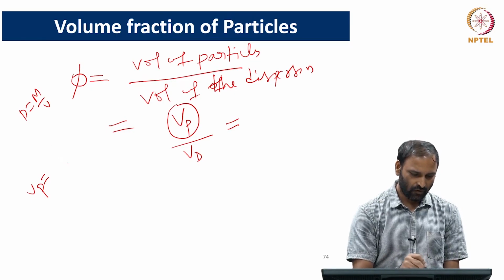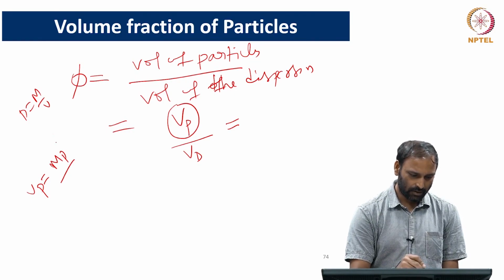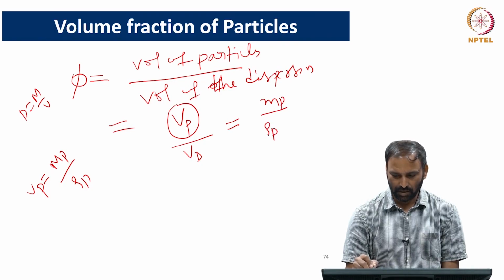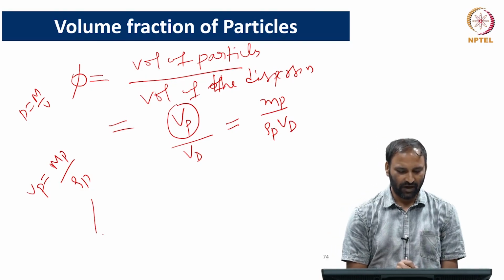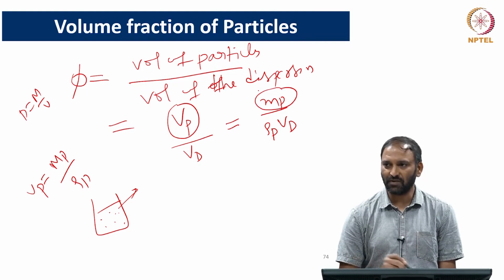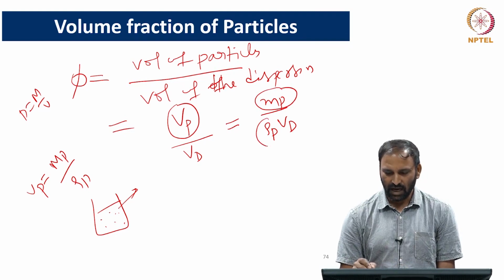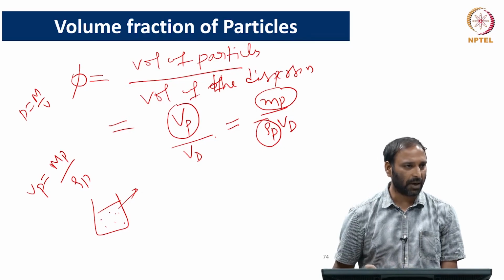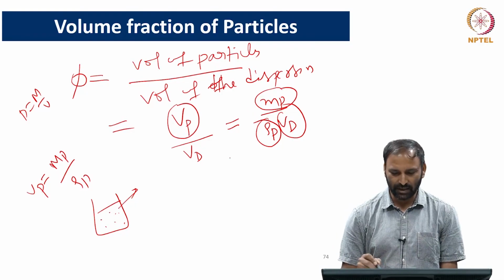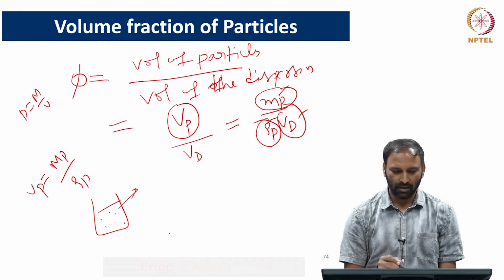Your Vp is going to be mass of the particle divided by density of the particle. So, Vp is going to be mass of the particle divided by density of the particle, multiplied by Vd. Okay. Therefore, if you have a dispersion of some concentration, you dry out all the fluid, I can measure the mass of the particle in the dispersion, and I have measured the density of the particle again by solution densitometry. And if you know the volume of the dispersion that you are using for your experiment, I can actually plug in all these numbers, I can get the mass fraction.